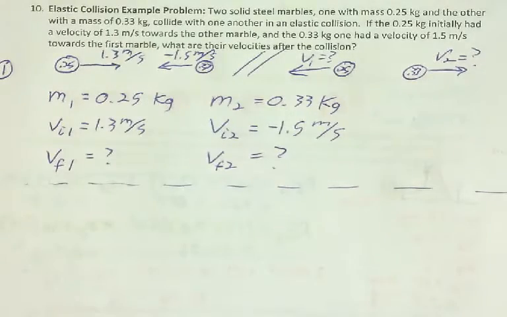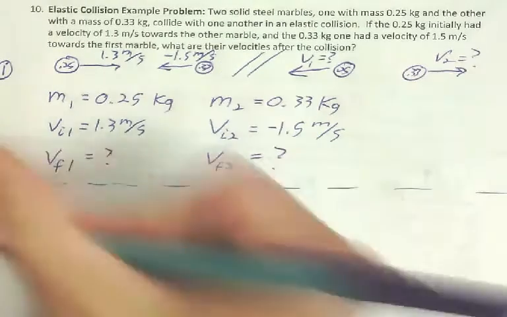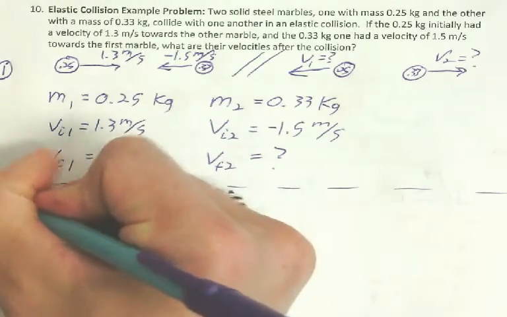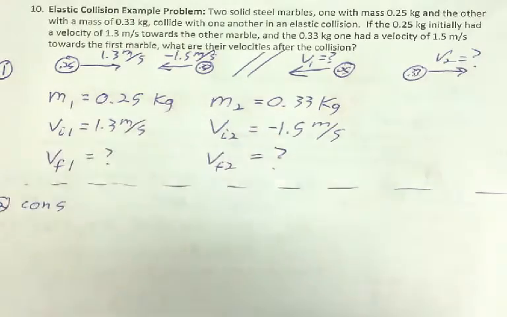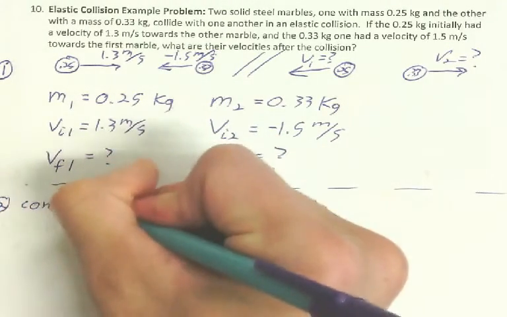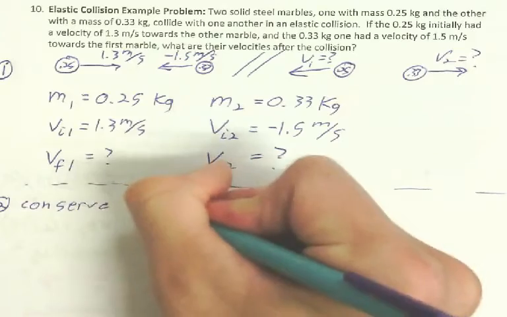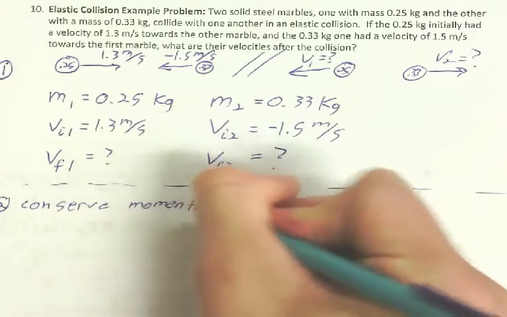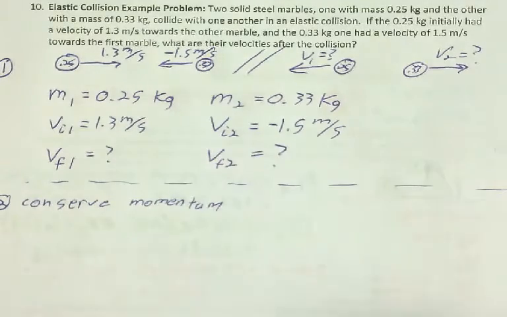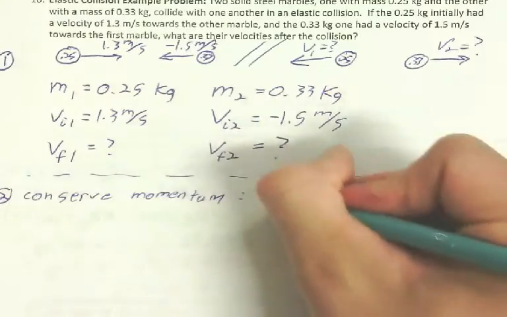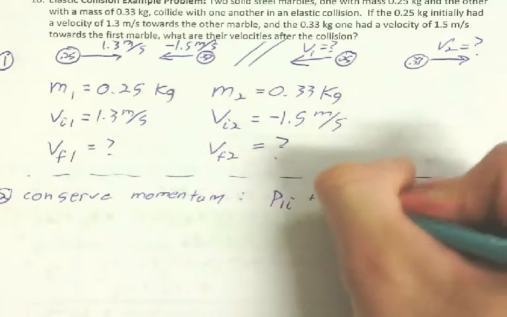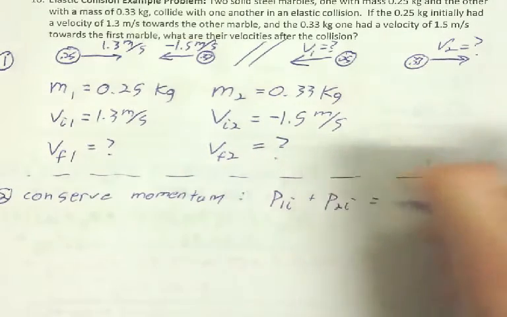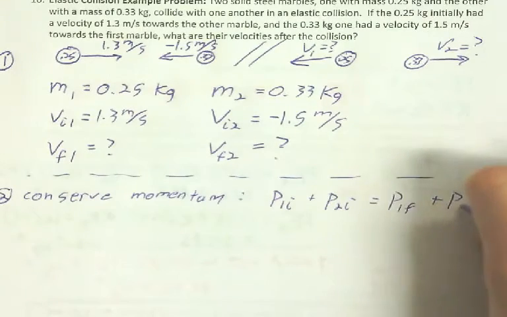All right, step 2. The next step in this problem is we need to conserve momentum, because objects in elastic collisions conserve momentum. So remember, the way you conserve momentum is the momentum of object 1 initial plus the momentum of object 2 initial equals the momentum of object 1 final plus the momentum of object 2 final.